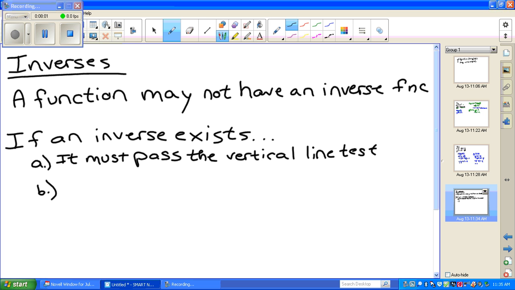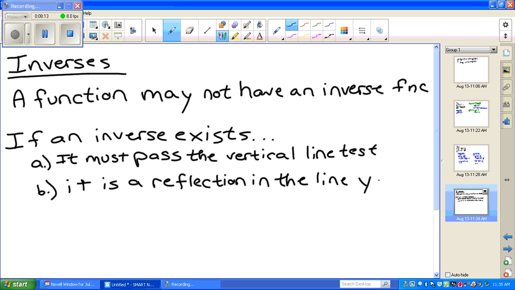B, it is a reflection in the line y equals x.